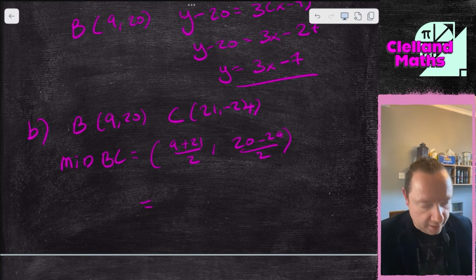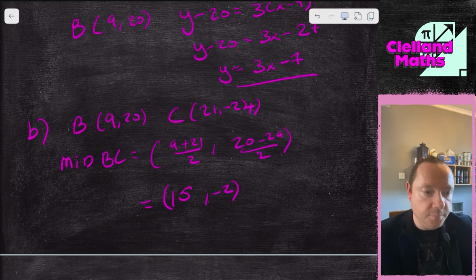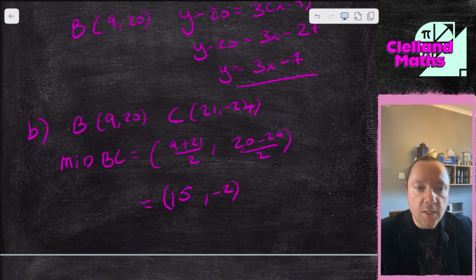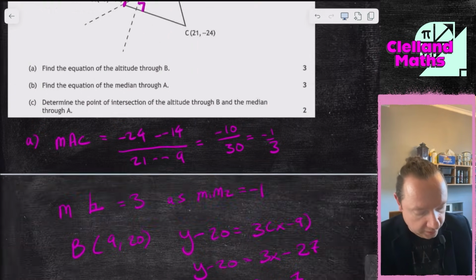9 and 21 is 30, so that makes 15. 20 minus 24 is minus 4, so that makes minus 2. So we get (15, minus 2) as our midpoint. So now we need the gradient between A and M, because we're needing to go from here to here, which is M. A is (minus 9, minus 14).